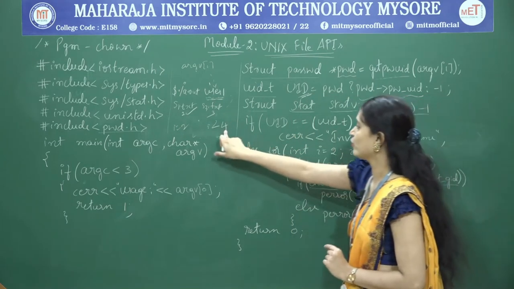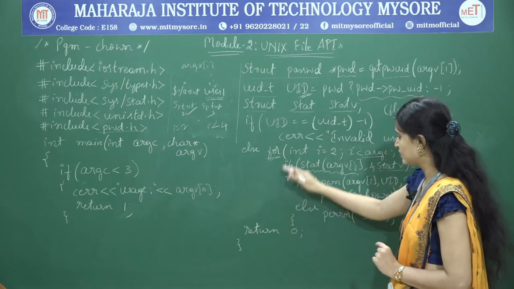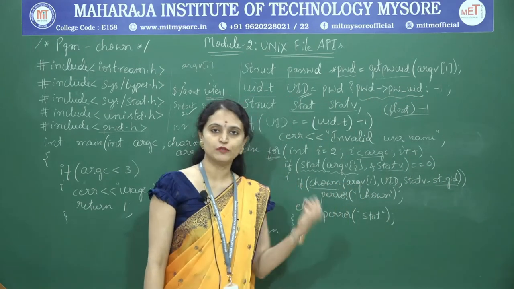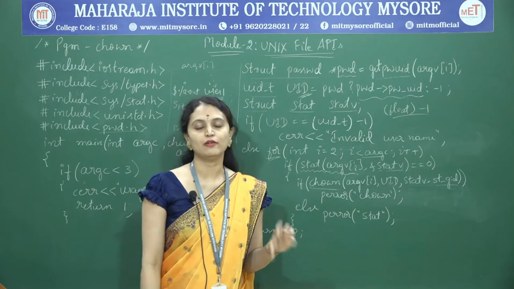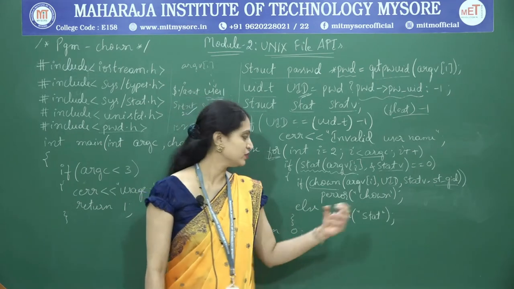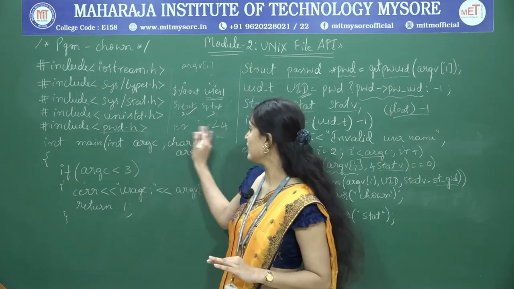I less than 4 means till 3. I have to repeat this. What should I repeat? I have to retrieve the group ID of the file, and then call the chown function, and using this function I am changing the user ID of all these files.